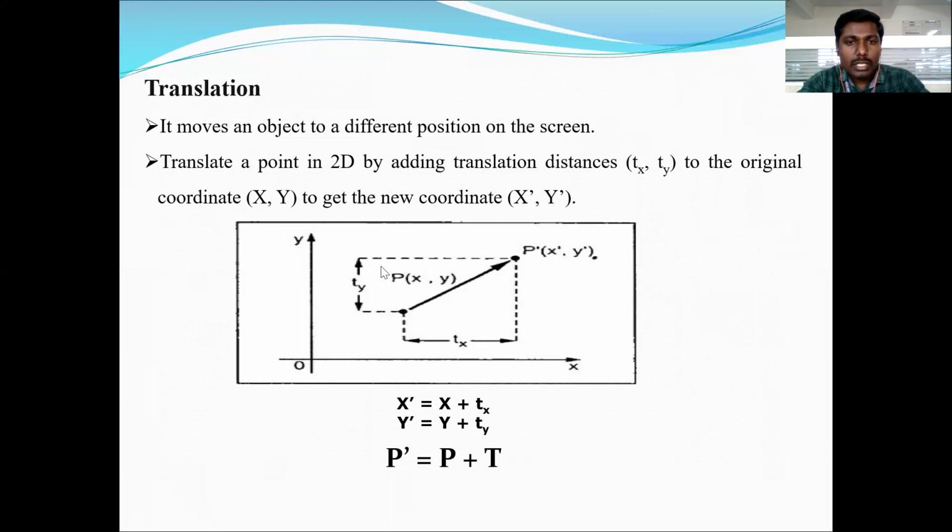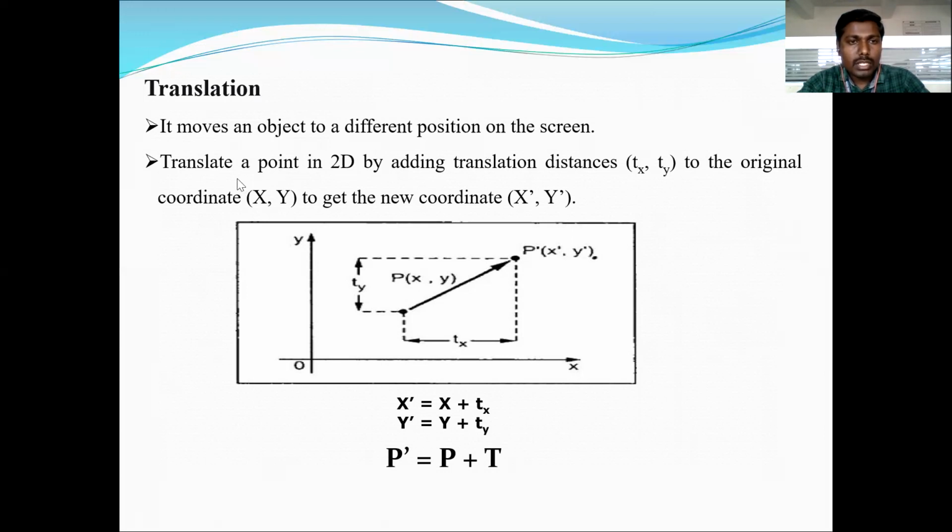Based upon the translation transformation, for that we are using tx and ty. tx and ty are simply the translation distances. Translation moves an object to a different position on the display screen; moving an object from one position to another is called translation.